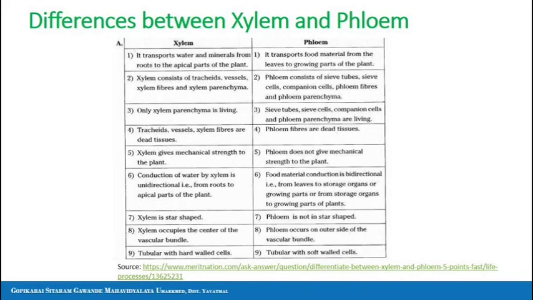Then xylem occupies the center of the vascular bundle while phloem occurs on the outer side of the vascular bundles. So these xylem are tubular with hard walled cells, while these phloem are tubular with soft walled cells. So these are the major differences between xylem and phloem.